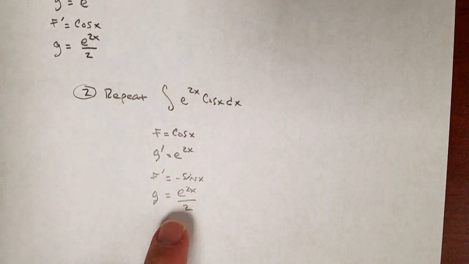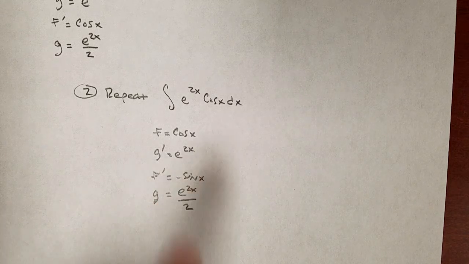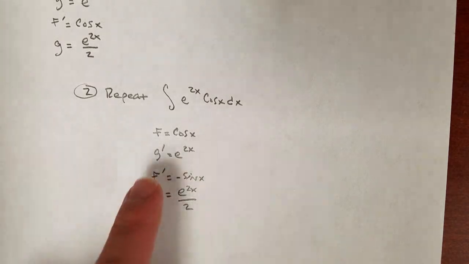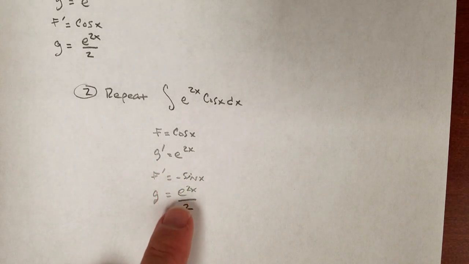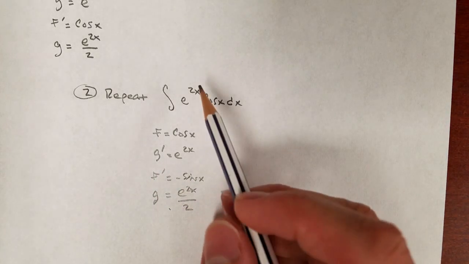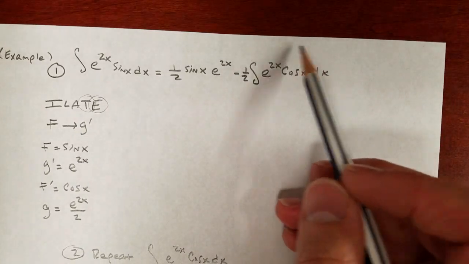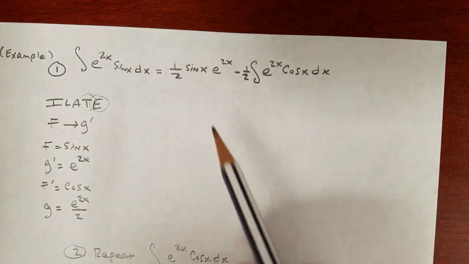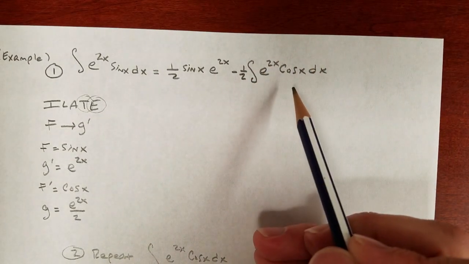Sure enough, if you take the derivative of e to the 2x over 2, you get e to the 2x. If you use substitution to integrate that, you will get e to the 2x over 2. So I'm repeating it on this and seeing where I get, because otherwise I'm just stuck with that.